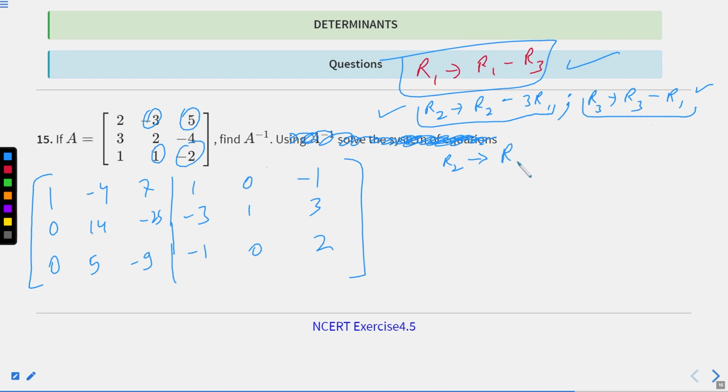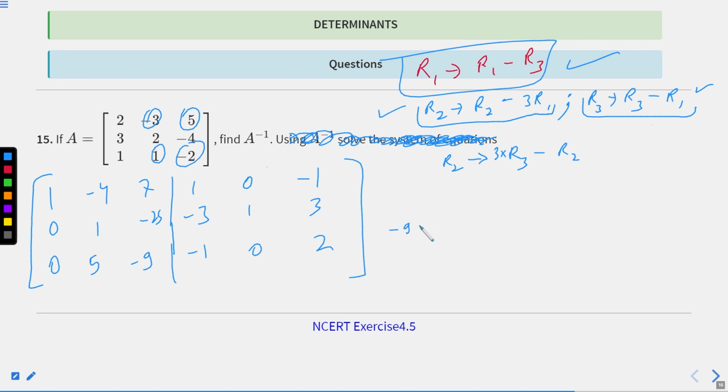I will do R3 minus 3 times R3 minus R2. Yes, so 3 times R3, which is 5, means 15 minus 14. You will have your 1. So this will be 1.